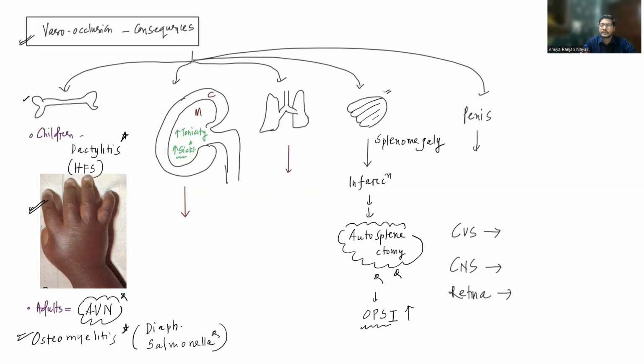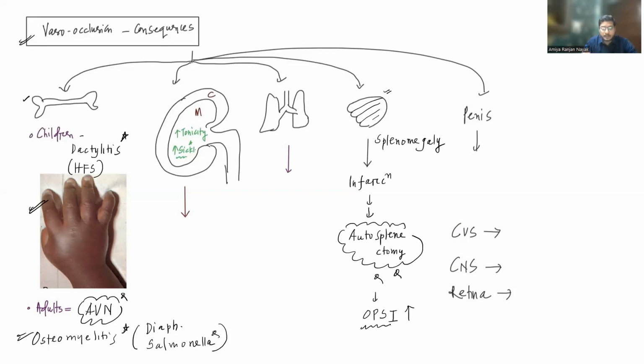That is why, if the patient is diagnosed with sickle cell disease, we give them vaccinations and also penicillin prophylaxis to prevent this infection. Whenever there is autosplenectomy, or whenever you remove the spleen, there is always increased risk of infection against capsulated organisms. We'll discuss that more when we discuss the spleen.